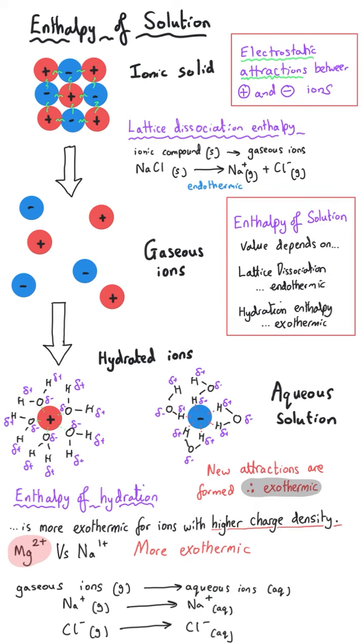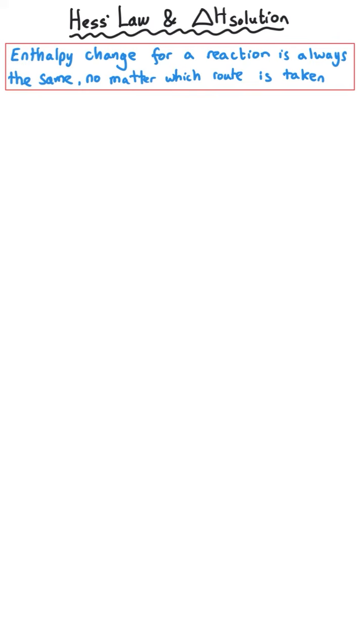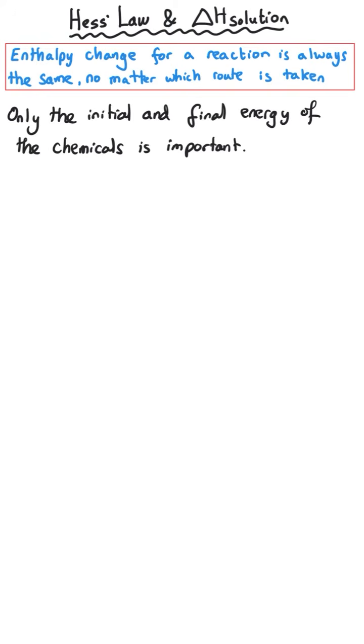If not, then it will be endothermic. We can use a Hess cycle and Hess's law to work out a value for the enthalpy change of solution for an ionic compound. Hess's law states that the enthalpy change for a reaction is independent of the route taken for that reaction. It depends only on the initial and final energies of the chemicals.